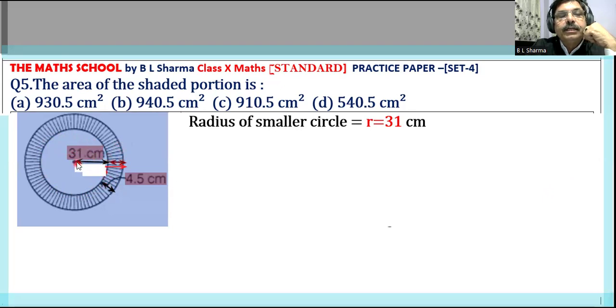So the radius of the outer circle will be 31 centimeter plus 4.5 centimeter, that is 35.5 centimeter.